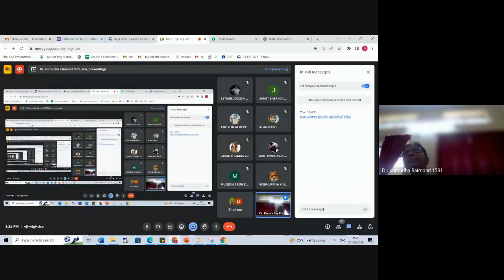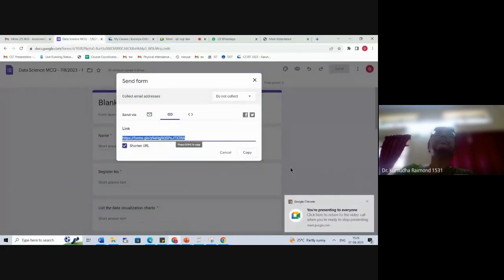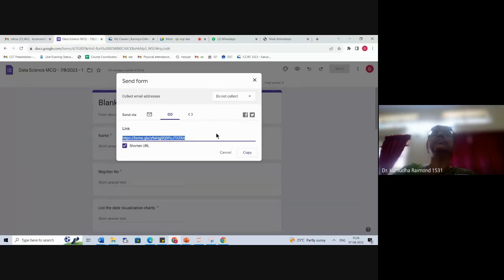Okay, I put a form. Can you just check whether you are able to do it? Or able to open it? Can I have the response from anyone? Or able to see?